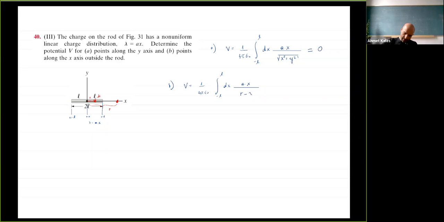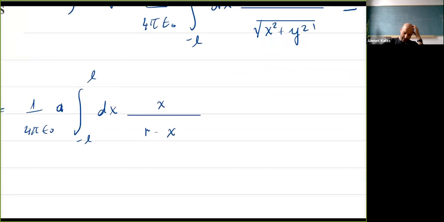Yes, good. Now, what do I do with this integral? Of course, you know what to do. You can just go to Wolfram Alpha and write it, and whatever the result gives, you can just copy it. That's fine by me. But I can calculate this integral.